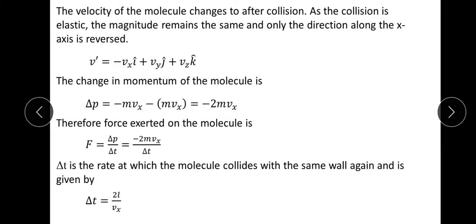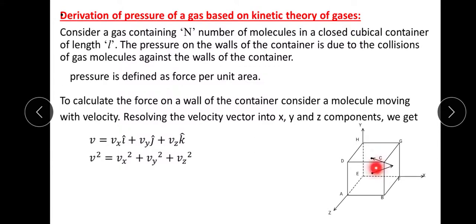since the collision is completely elastic, as we know from the kinetic theory, this molecule after undergoing the collision with this wall reverses its direction and moves with the same magnitude of velocity.